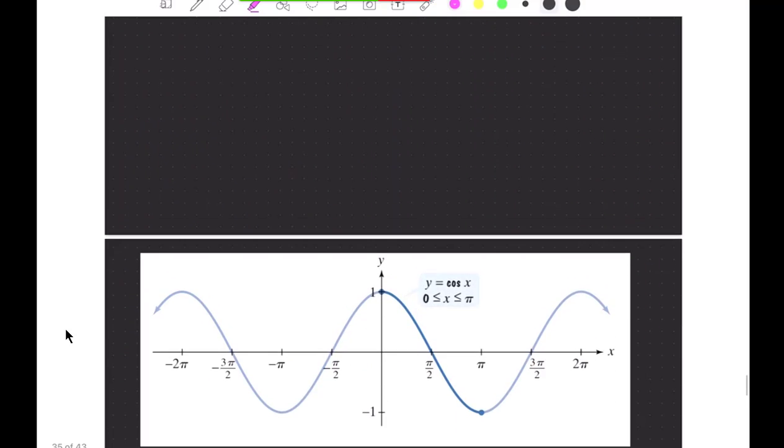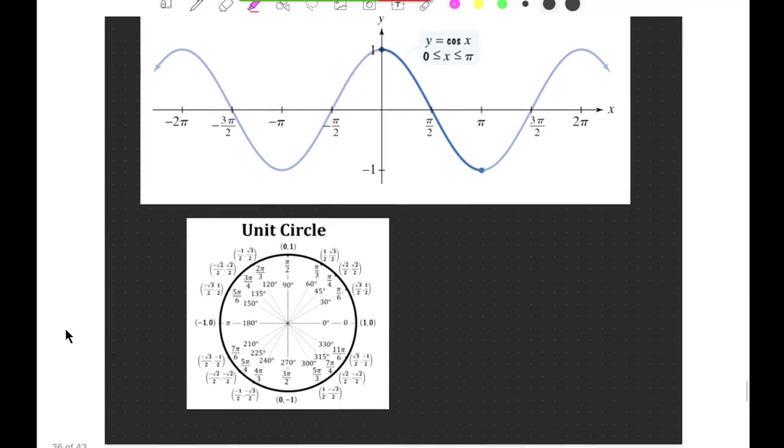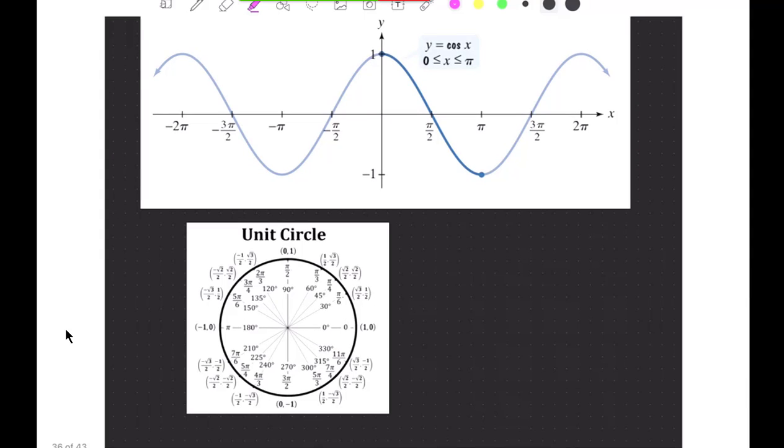So if we look at our little unit circle, we're going from 0 to pi. Where's pi on our unit circle? 180, right?